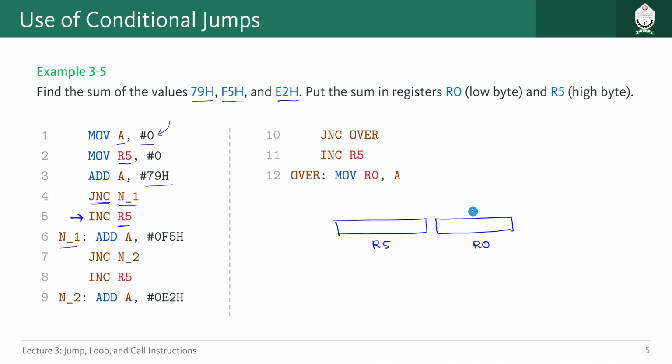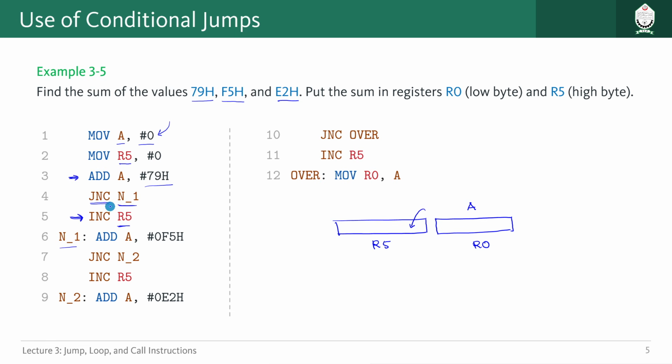Currently A is doing its work, because after each arithmetic addition the result is saved in A, so we always have to use register A for arithmetic operations, and finally whatever we get will be moved onto R0. So here we are trying to increment R5 whenever any carry happens after any kind of addition.